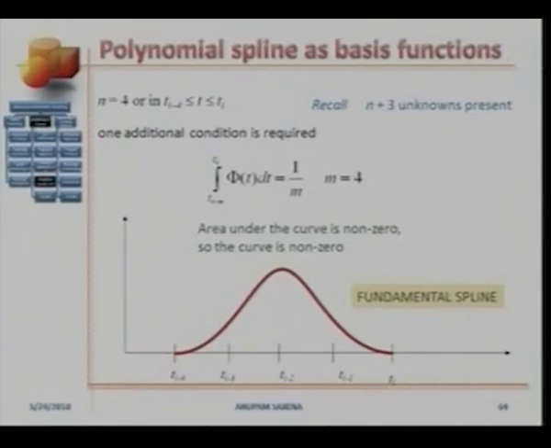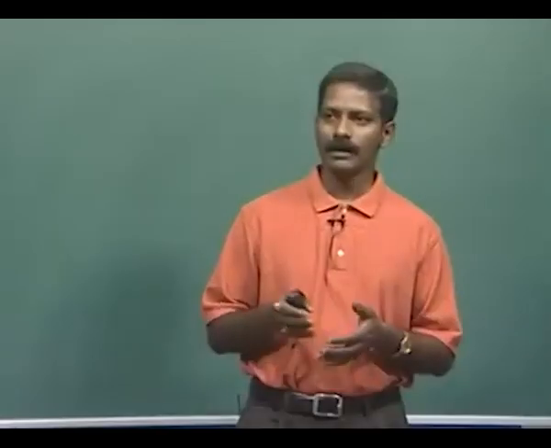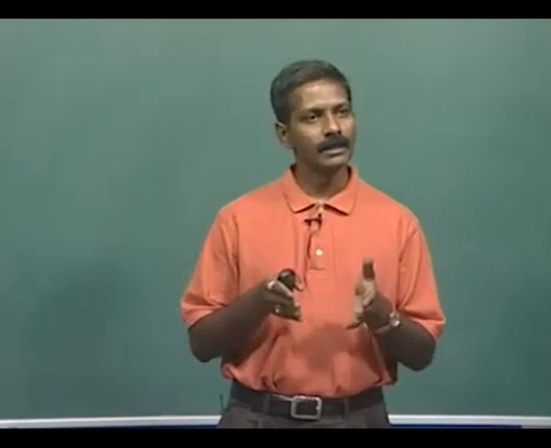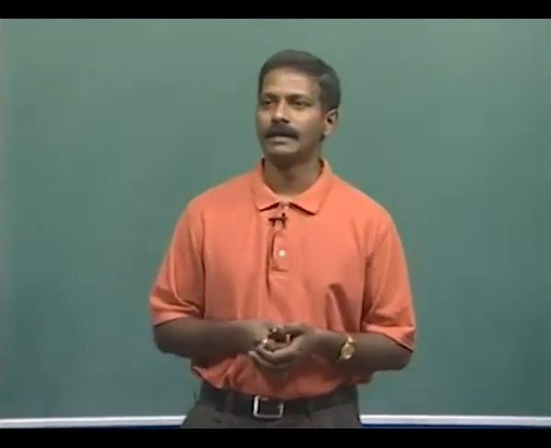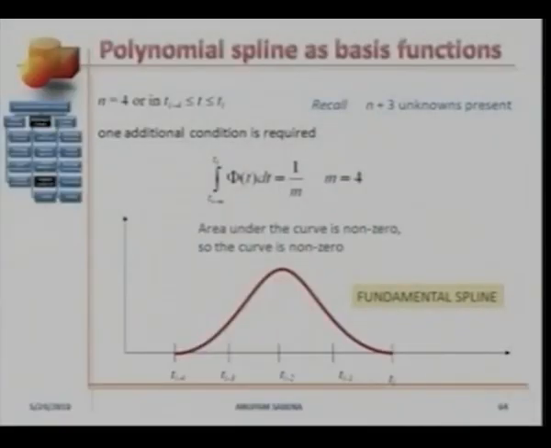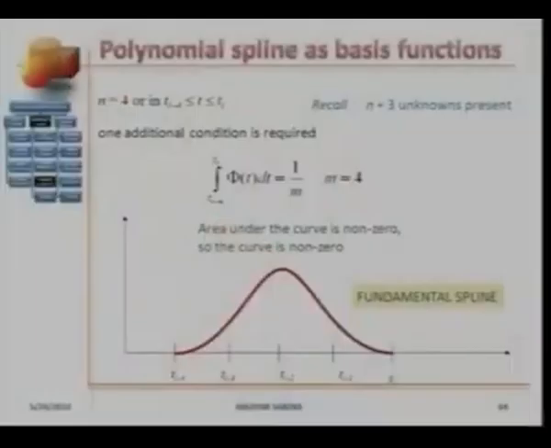The position, the slope, and the curvature at the 2 ends of a B-spline basis function. In this case, this is an order 4 or degree 3 B-spline basis function. The position, slope, and curvature were all 0 at the 2 ends. That made 3 times 2 equals 6 conditions. We needed one more condition to completely and uniquely determine a non-trivial B-spline basis function.